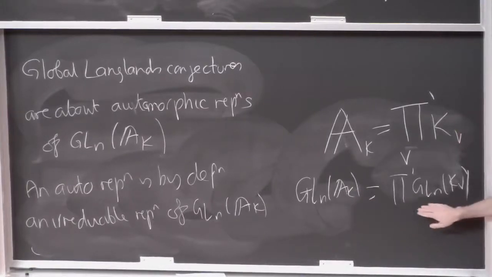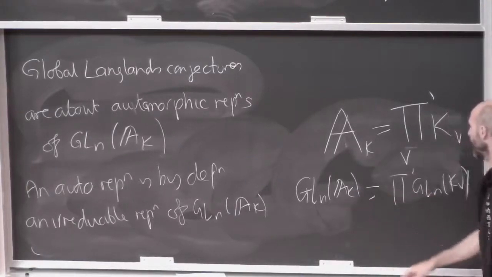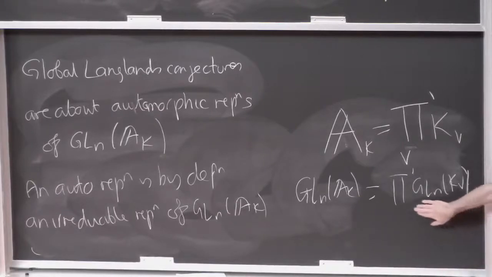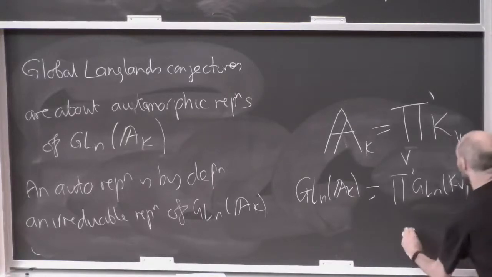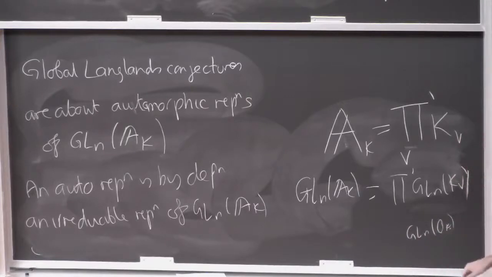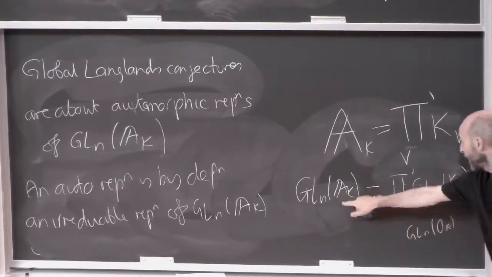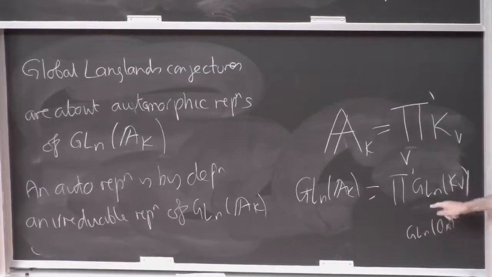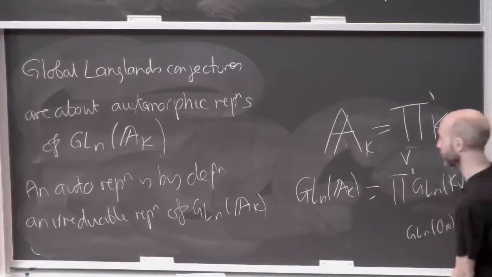And in fact, that's exactly what it is. It is matrices in GLN of KV for all V, such that for all but finitely many V, you're in GLN of OKV. I mean, that's absolutely how it works. For each V we have an element of GLN of KV, and for all but finitely many V we're in GLN of OKV. That's what it is, but don't think about it like that. Just think about it as a product of a load of groups.